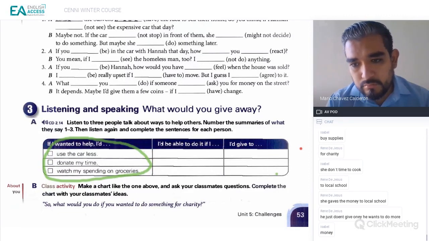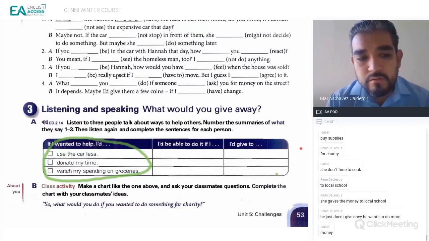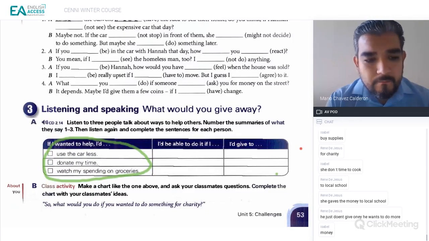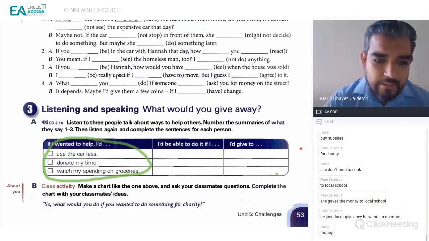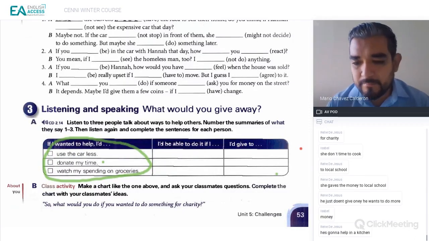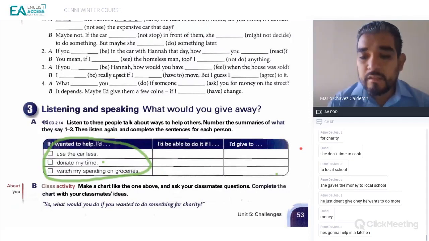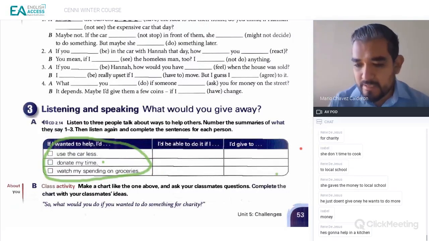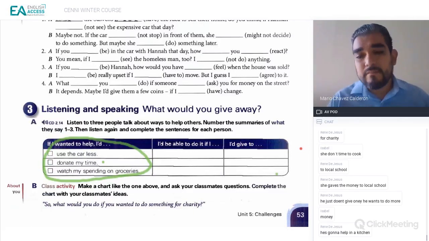Money, no. He would donate his time, right? It's right here. Is the last one, the only one missing. Donate my time, right? He's gonna help in the kitchen. Yes, he's gonna help in the kitchen. Excellent. That's it. Okay, very good, everyone.